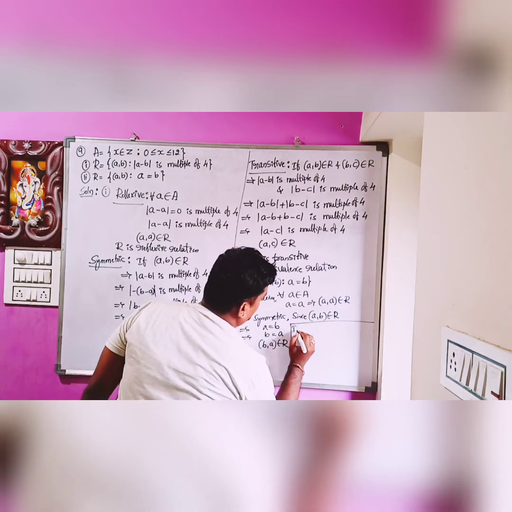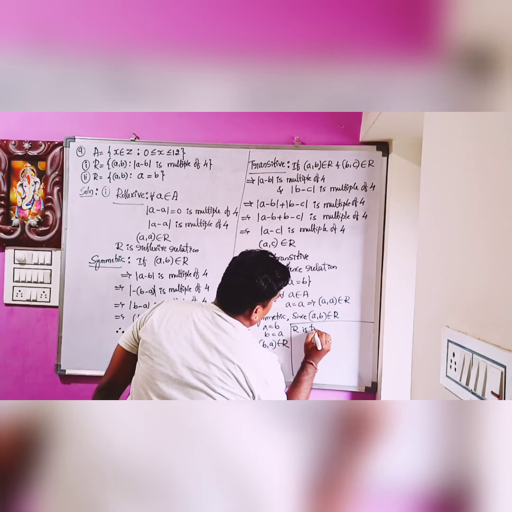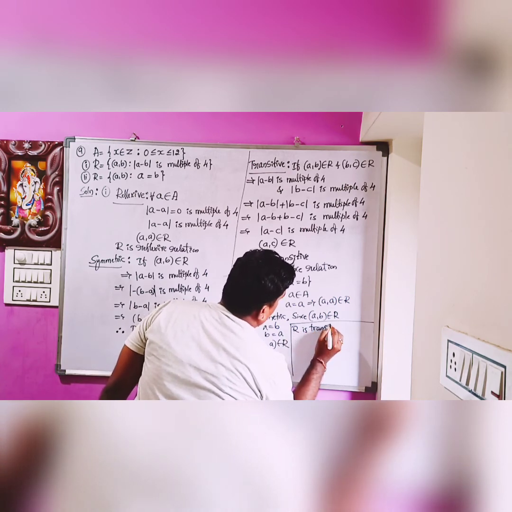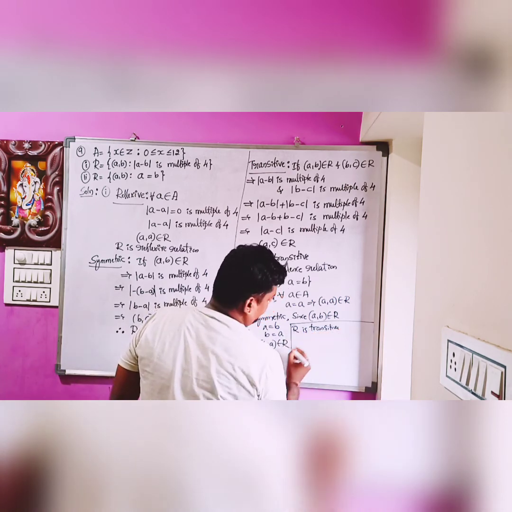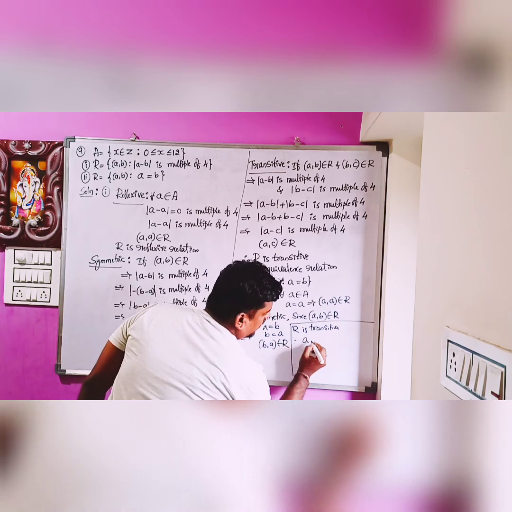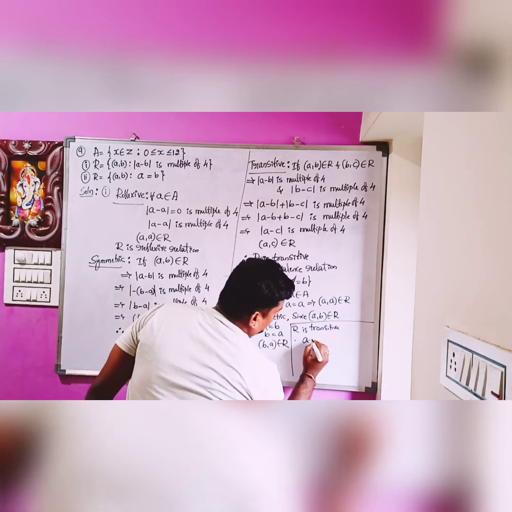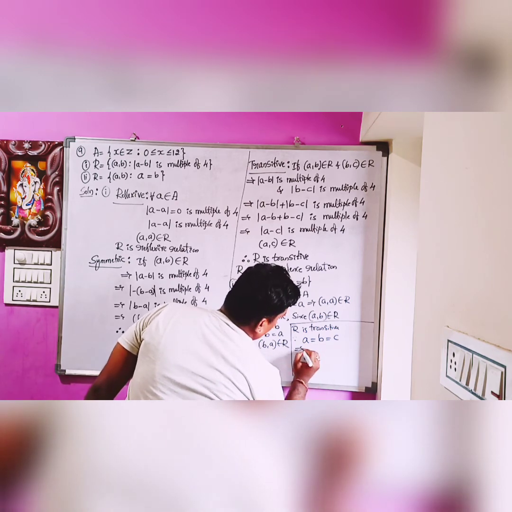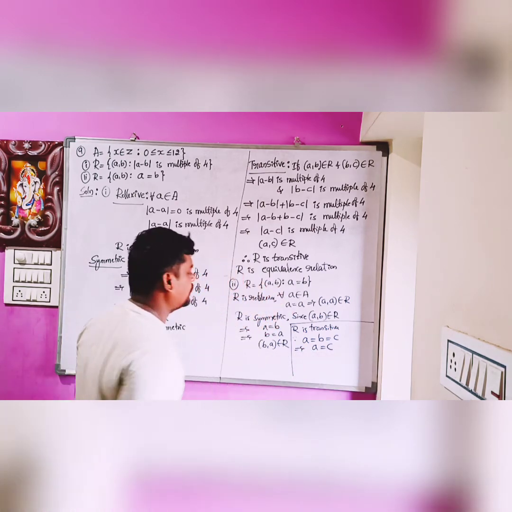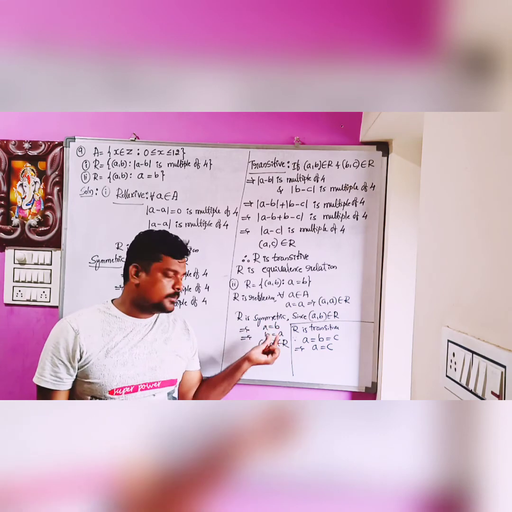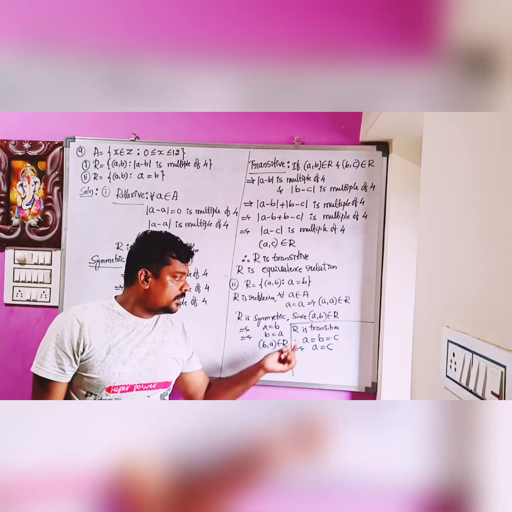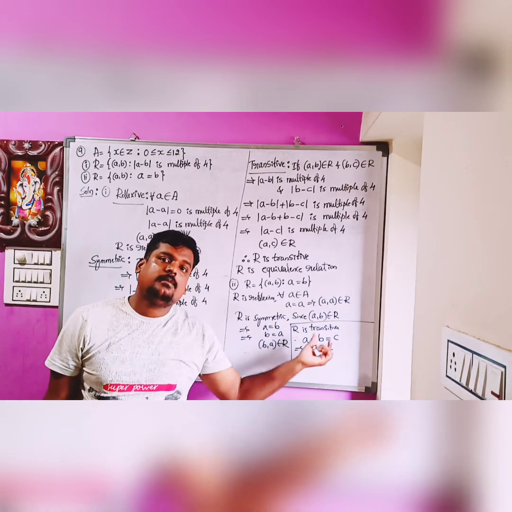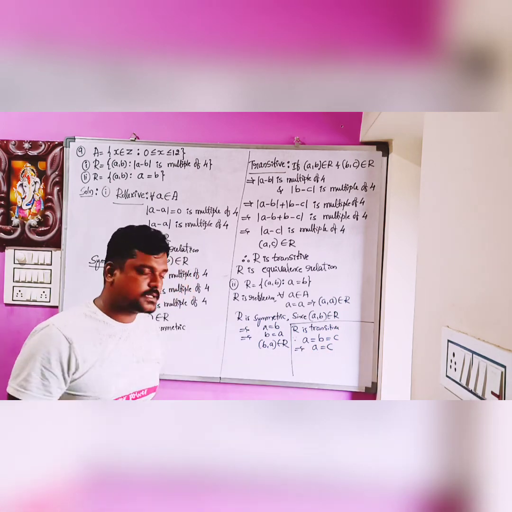For transitive, why is it transitive? Since (a, b) belongs to R, a equal to b, and b equal to c, implies a equal to c. Here, if a equal to b and b equal to c, then a equal to c.